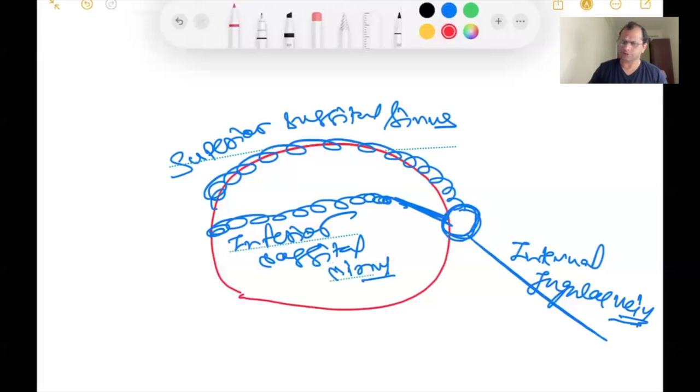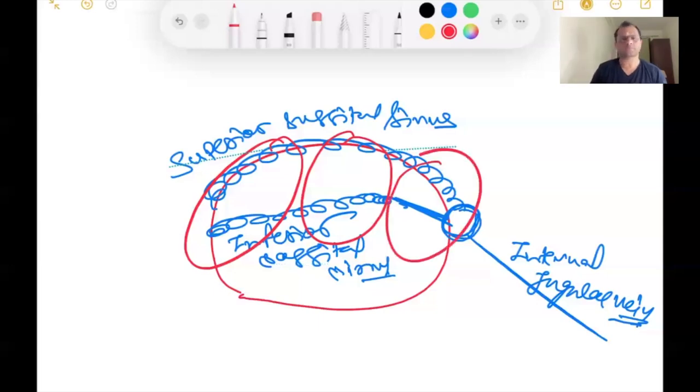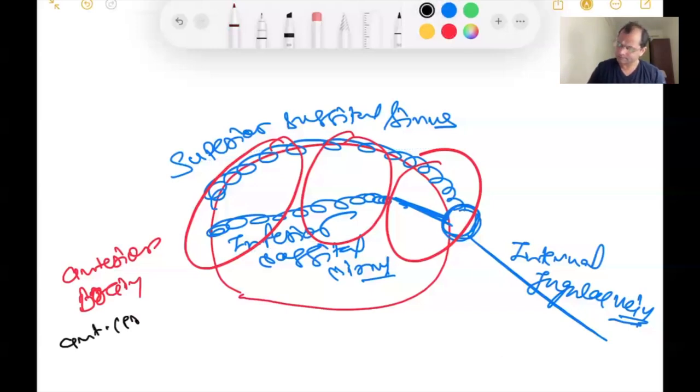The superior sagittal sinus and the inferior sagittal sinus bring blood from the entire brain, from the anterior part, the middle part, and the posterior part of the brain. From the anterior part, all the cerebral veins are called the anterior cerebral vein.